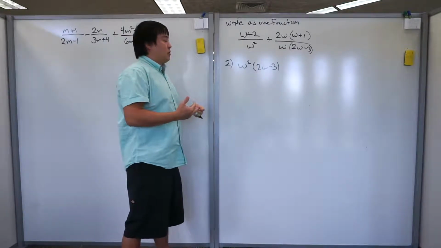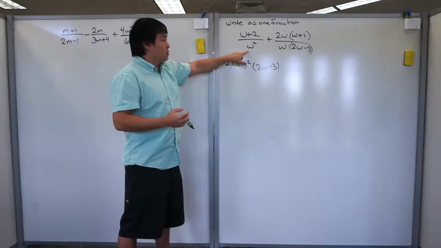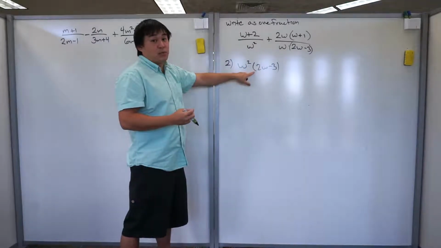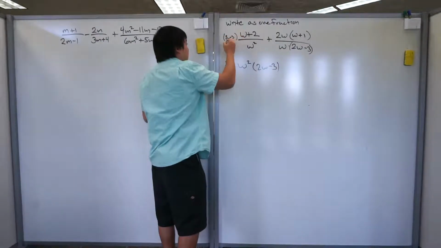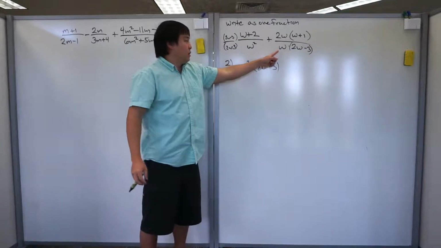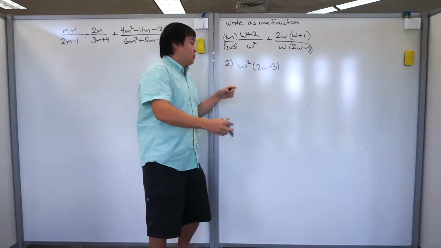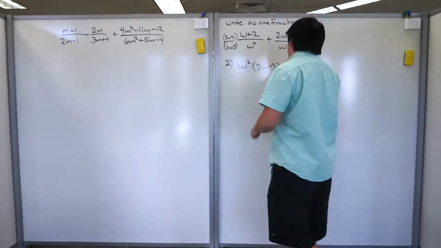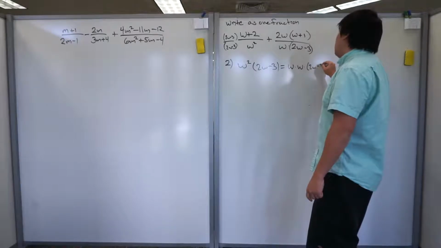So again, ask yourself, what are you missing in the first one in the denominator? So I'm missing this 2W minus 3. So that's what I can multiply to the top and the bottom. This one though, I have a W there, but not a W squared. So if I were to expand this out, really it's W times 2W minus 3.